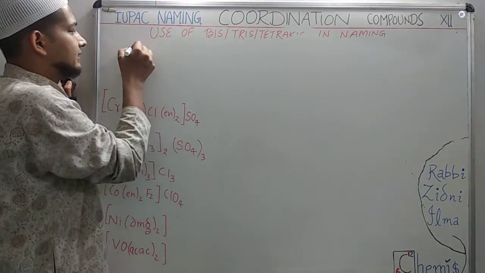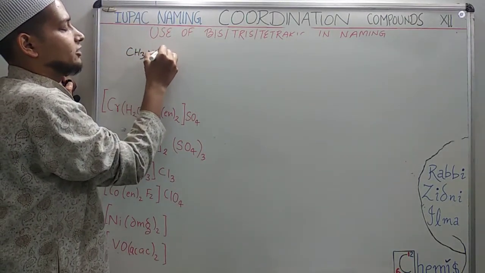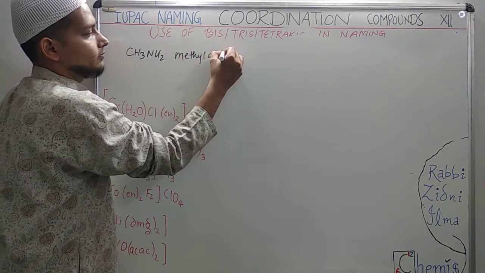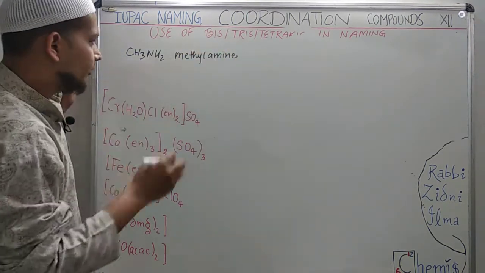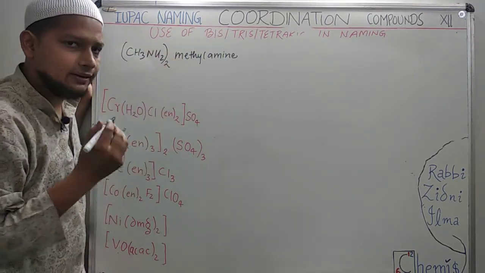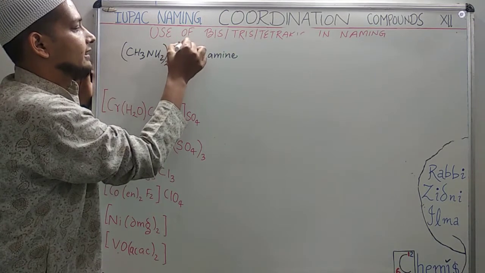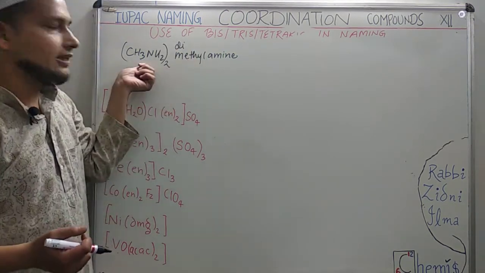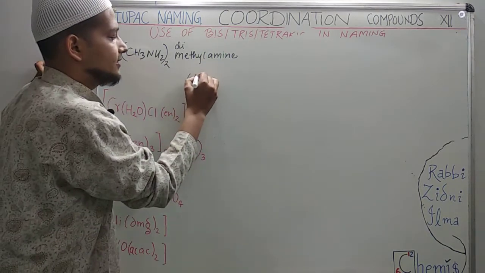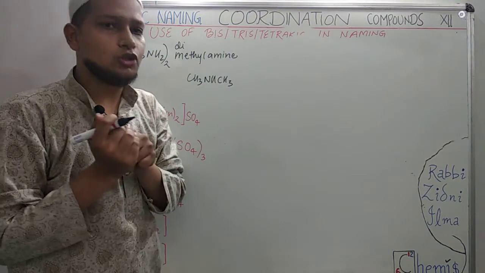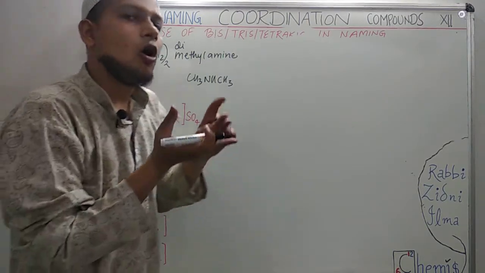Look here. This is methylamine, CH3NH2. A simple case. Now if I say I have 2 methylamine functioning as a ligand, then what will you write? You will write dimethylamine according to IUPAC. But dimethylamine is not this. What is dimethylamine? It is CH3NHCH3. So it will create confusion while naming organic ligands.